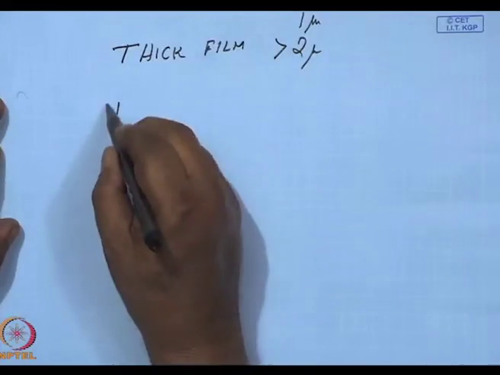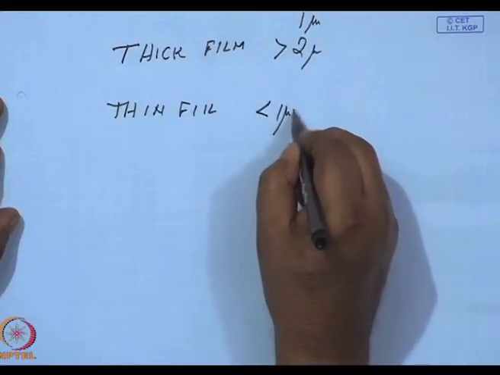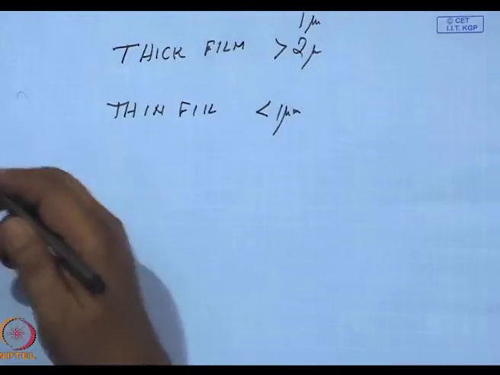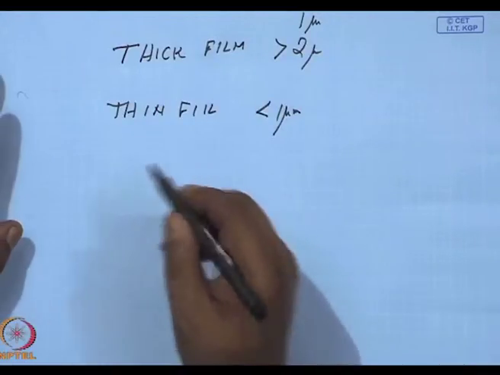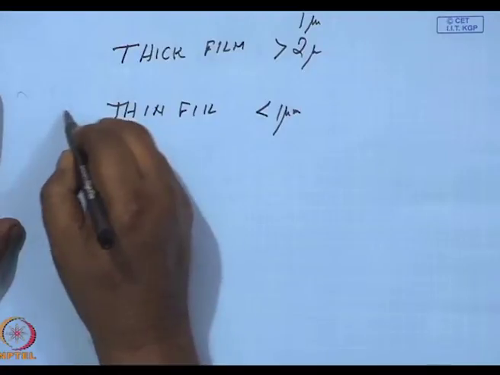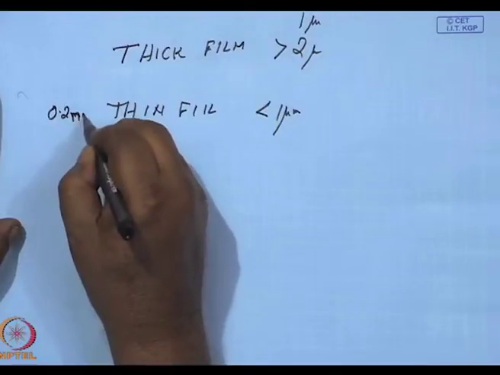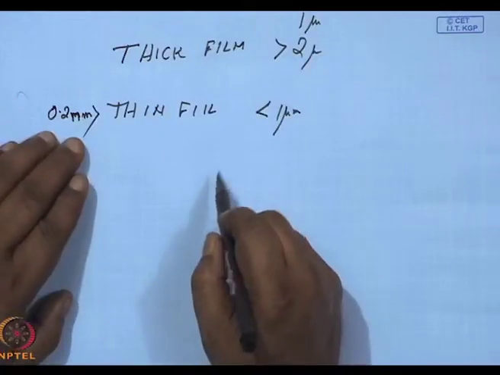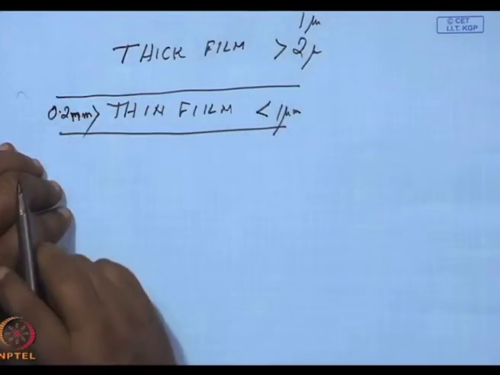Thin film is less than 1 micrometer, and less means what will be the ballpark over here. The ballpark over here, in my own way, I go down to 0.2 nanometer. This is my zone of thin film, which is basically what physicists talk of.